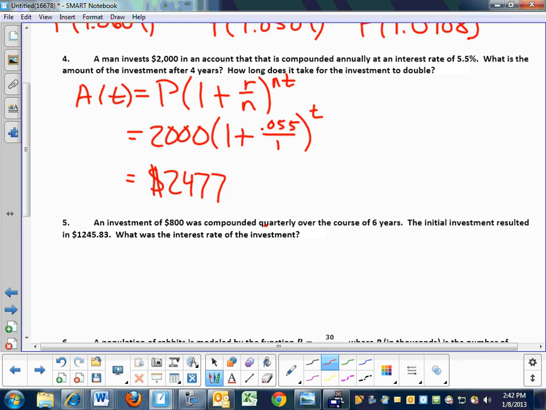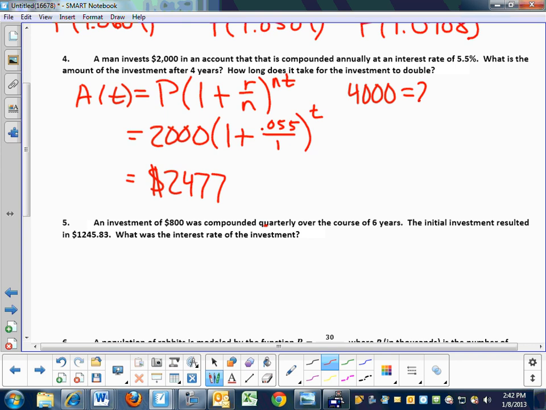The question is, how long does it take for the investment to double? What should I do? If the investment doubles, how much is it worth? 4,000. So we're wondering, when is the investment worth 4,000?